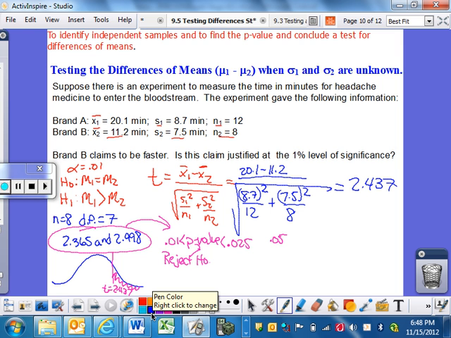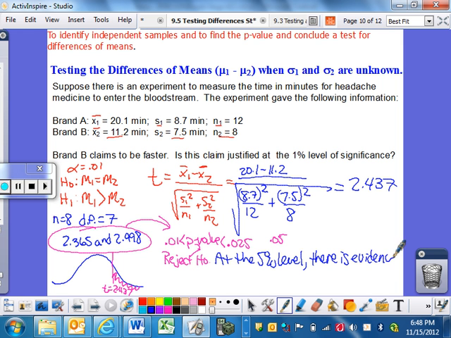So how do I then finish my problem? At the 5% level, what can I state? There is evidence because I rejected it. And what does this evidence tell me?